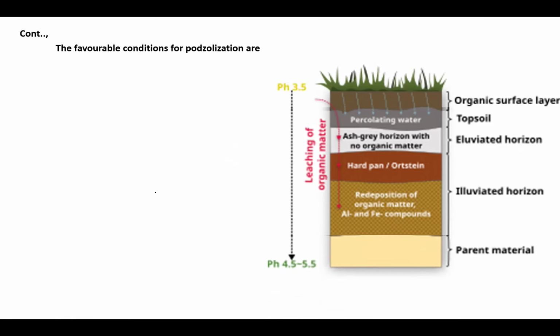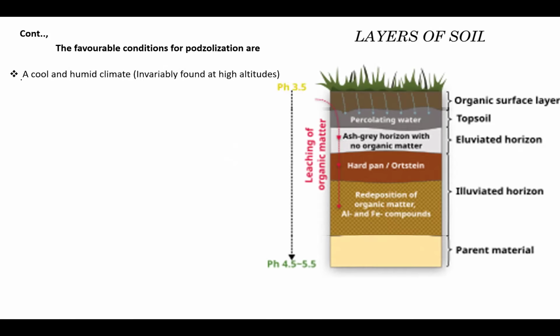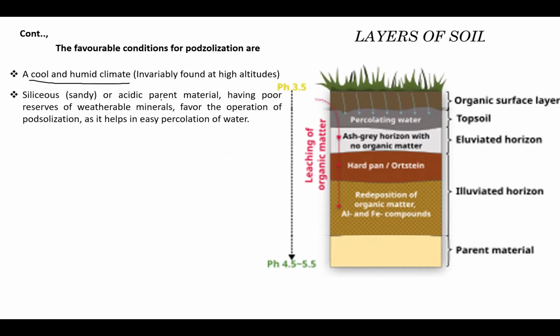Now, what are the favorable conditions? What conditions favor podzolization in the soil profile? The very first condition is a cool and humid climate. We also need a sandy or siliceous acid parent material with poor reserves of weatherable minerals.